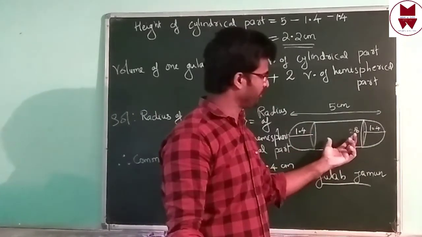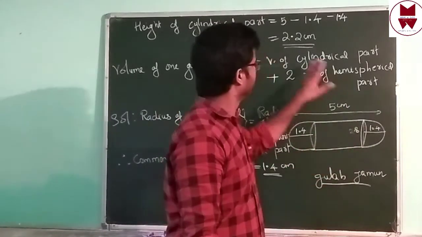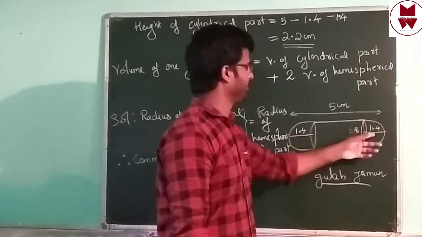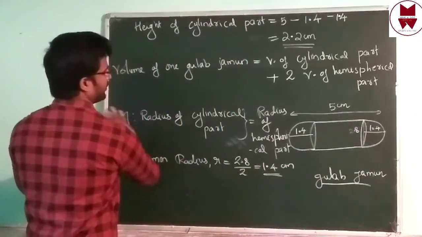First we will find the volume of the cylindrical part, then 2 into the volume of the hemispherical part. Here 2 hemispheres are there, that's why. Then you can use the formula.